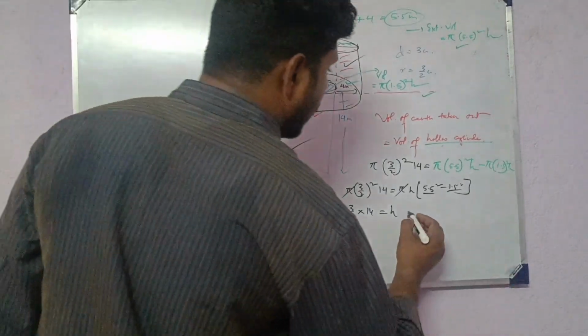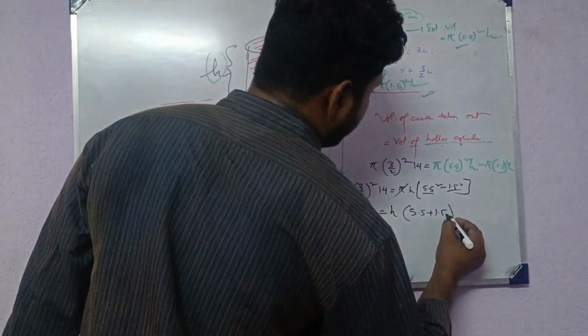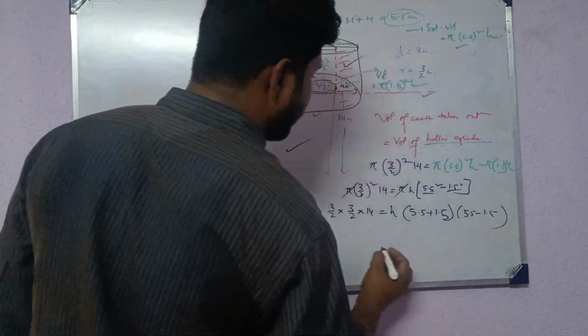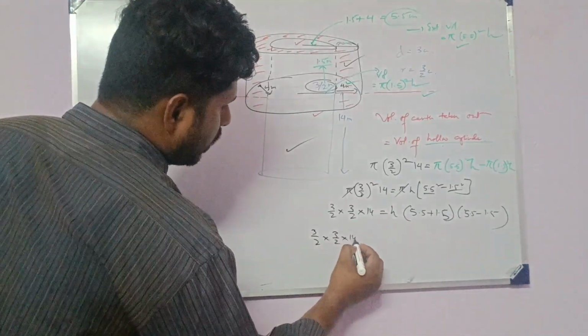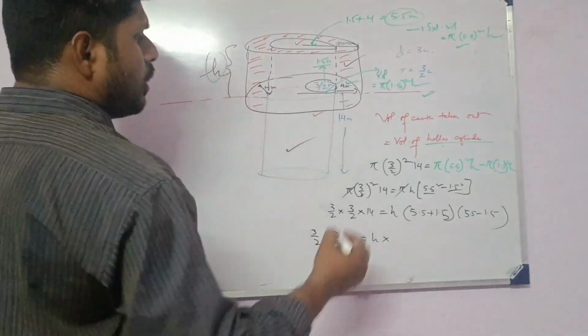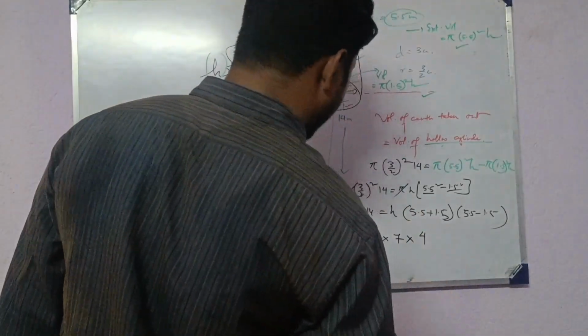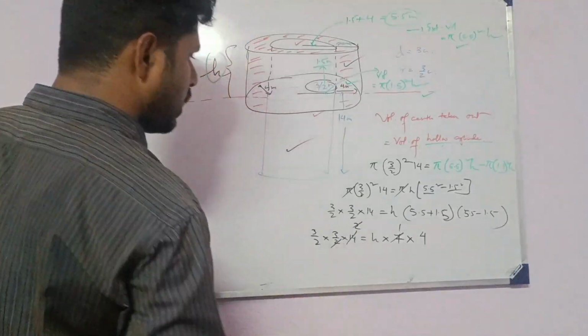We will put it in a plus b into a minus b. So 3/2 into 14 equals h into 5.5 plus 1.5, that is 7, and 5.5 minus 1.5, that is 4. So here 7 1s are 7, 7 2s are 14, 2 2s are 4.